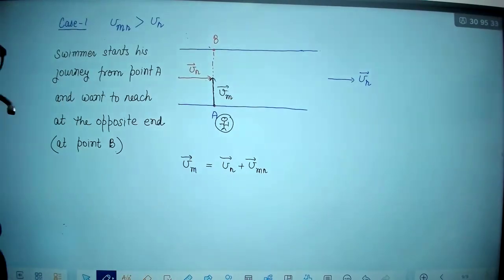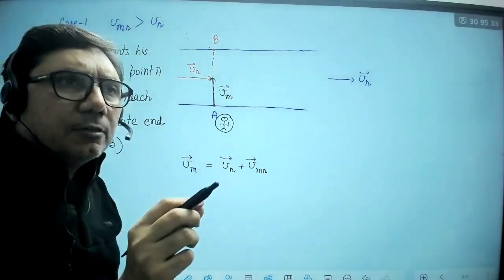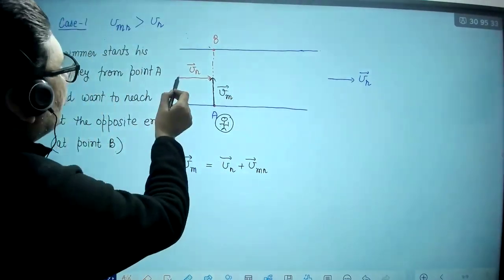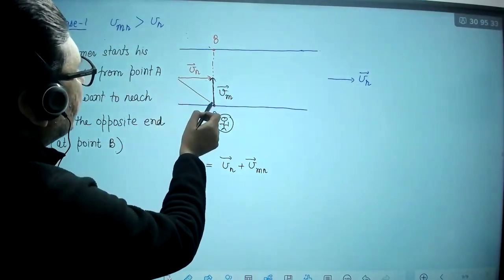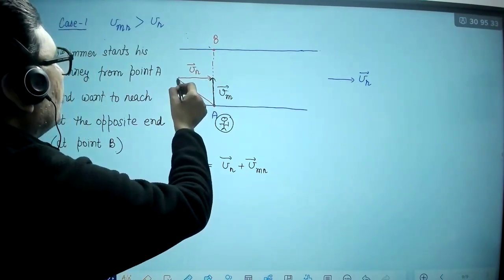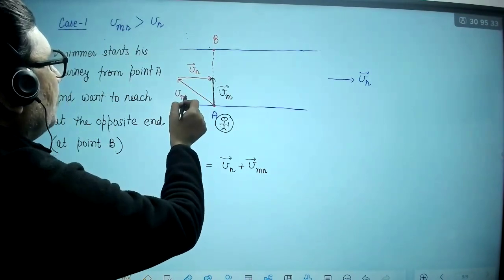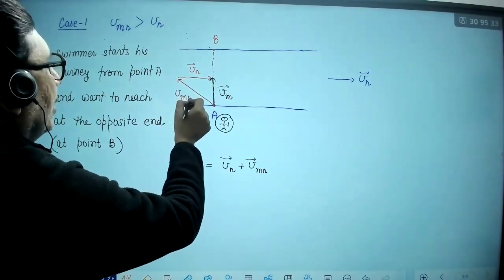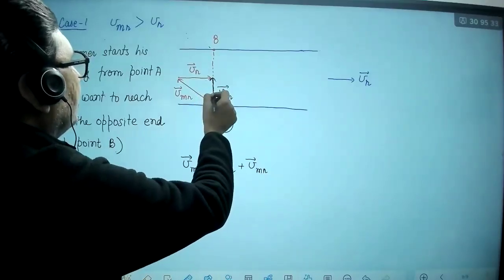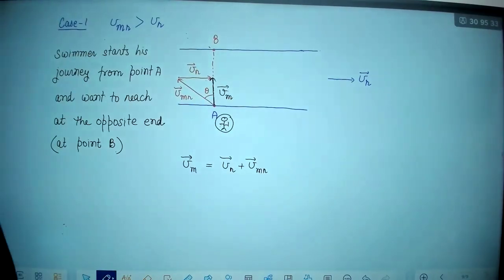So in which direction should this swimmer swim? The swimmer is going to swim at an angle theta with this direction AB. So this should be the direction in which the swimmer should swim with respect to river water. This will be VMR. So this should be the angle.